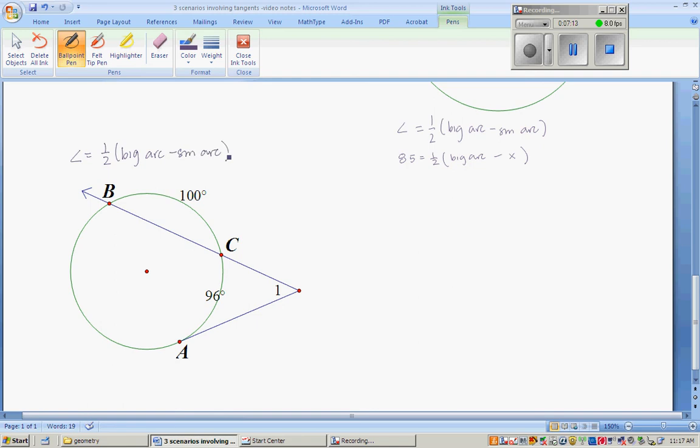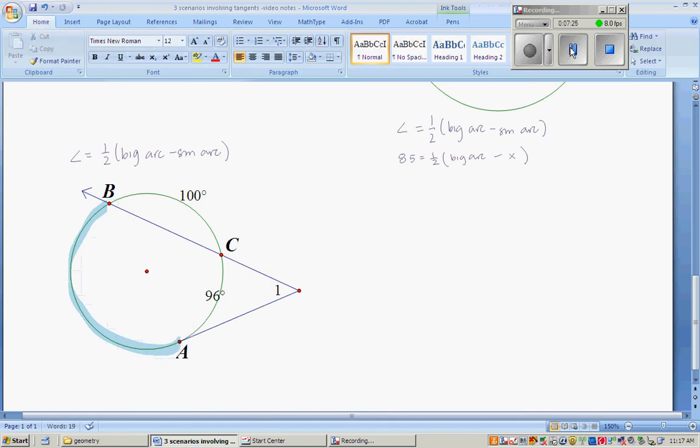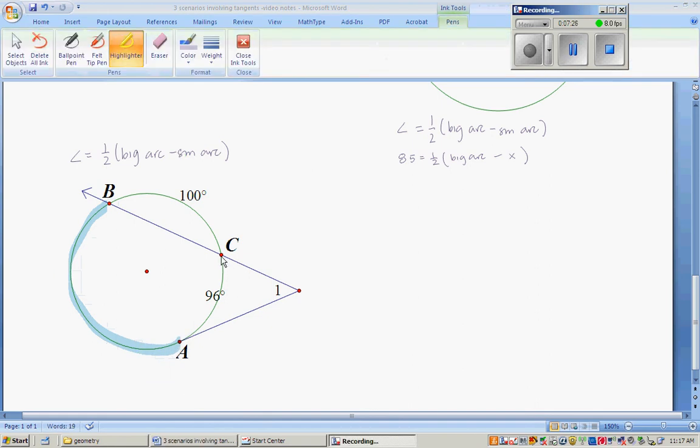Hit pause and try and get at least the numbers correct. In order to do this, we need to know what this big arc equals. We also need to know what this small arc equals. So you know that you have 100 degrees and 96 degrees. You will be able to find out what BA is equal to.